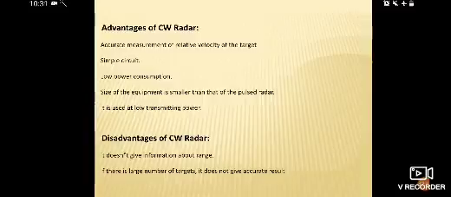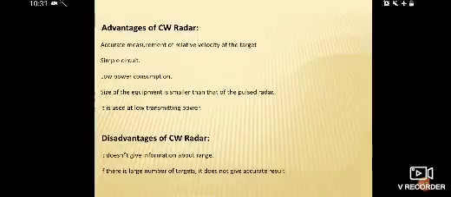It is also used to measure the speed of aircraft, and it is used in police radars. It is mainly used to determine whether the target is approaching or moving away from the antenna. So we have a number of applications under CW radars.